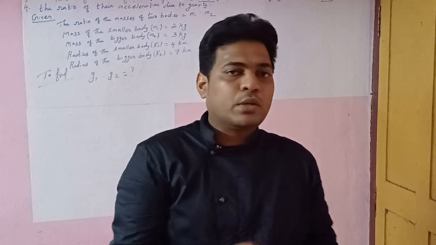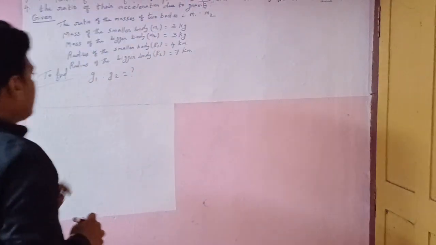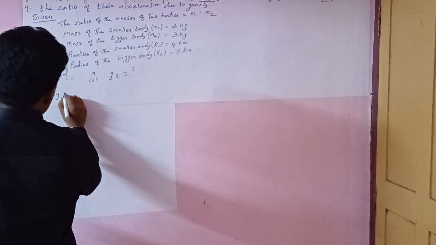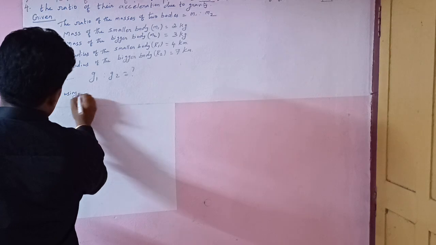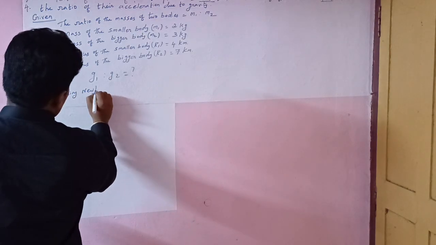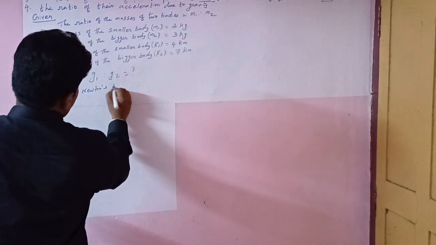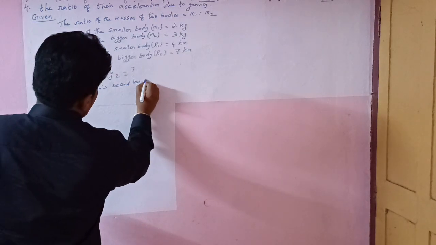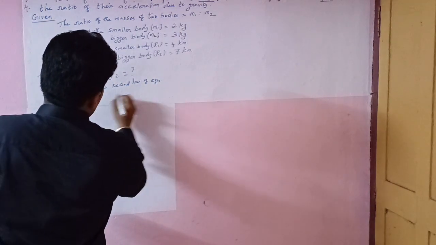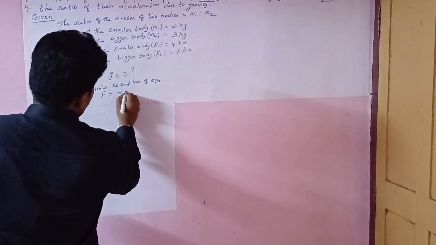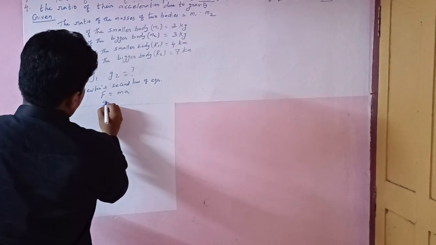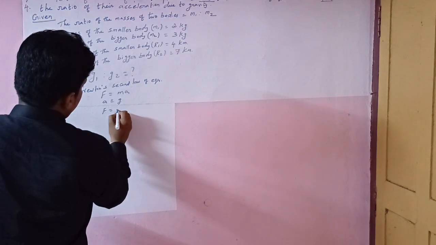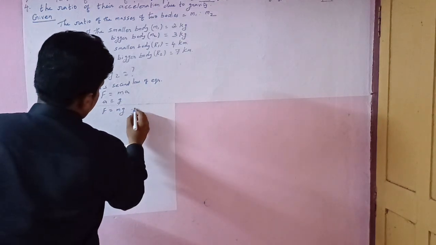So by using Newton's second law, F equal to ma, and we know that a is also equal to g, so you have to replace a with g. This is the first equation.